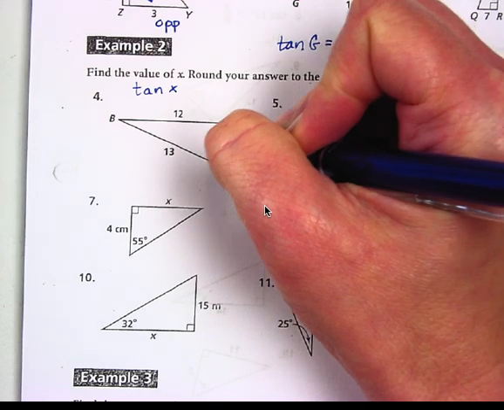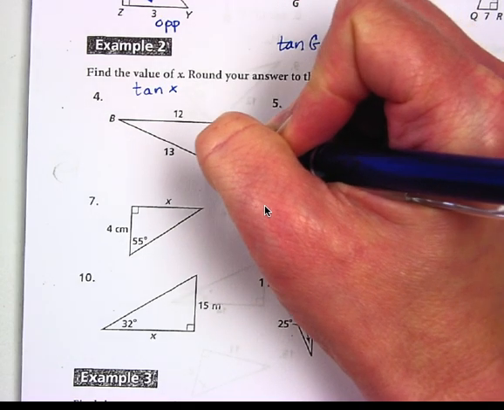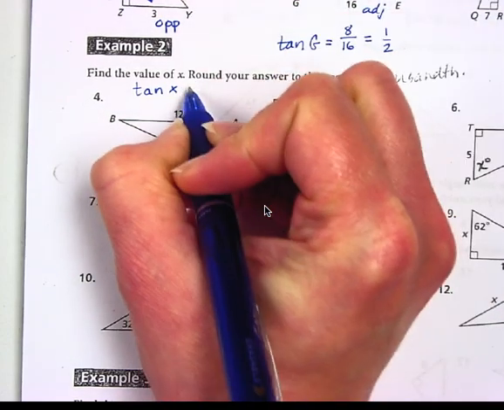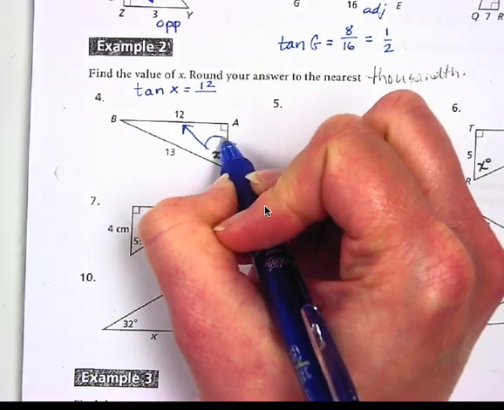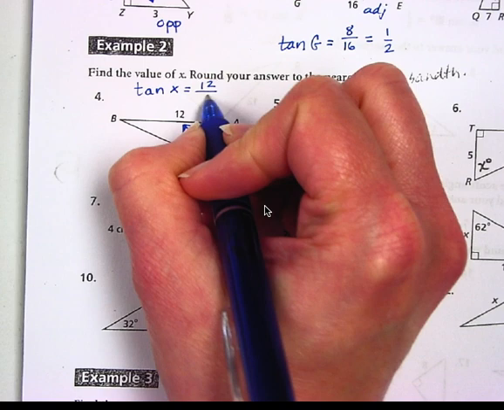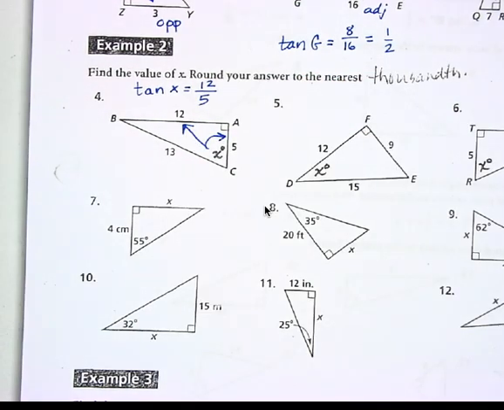And I want to look for opposite. So opposite of x is 12. And next to x is 5. Okay, but what I'm looking for is the angle, and I know the ratio.